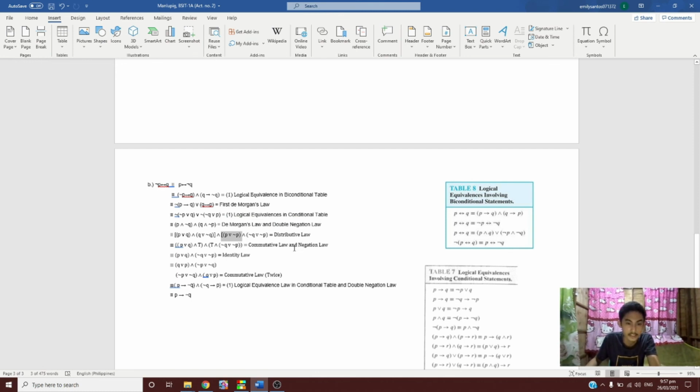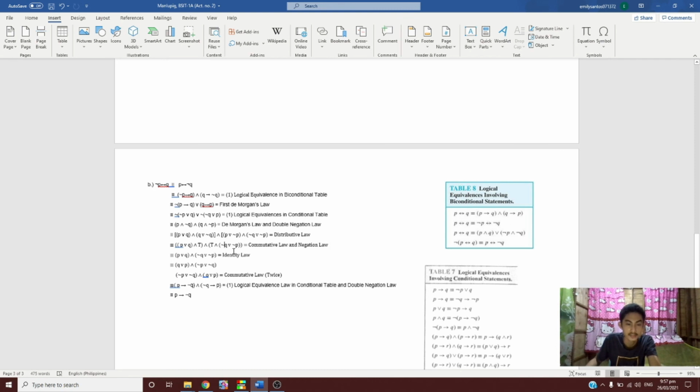Also using the negation law, I put negation here, and this part will turn into true, like the letter T here.